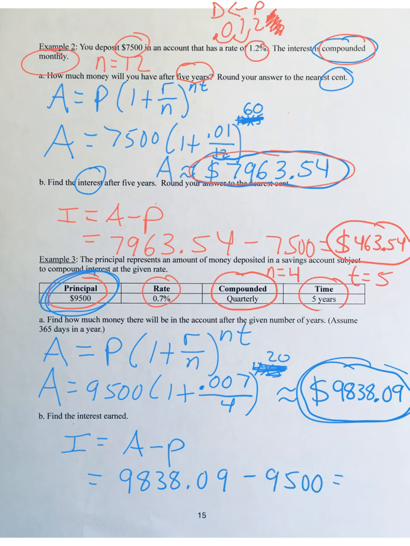Go ahead and subtract $9,838.09 minus the $9,500. Your final answer for interest is $338.09. Final answer for part B.